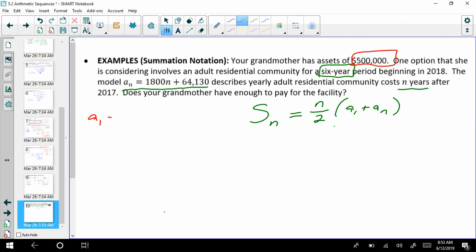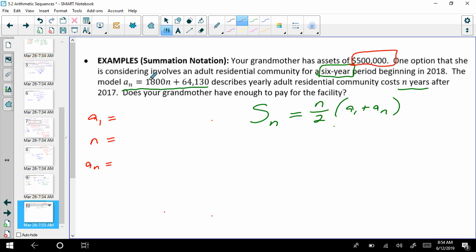So let's see if we can identify the things that we will need. So A sub 1, I need to know what is term 1. And you might say, well, it's 1. No. I want to start at term 1, so how would I figure out what A sub 1 is?